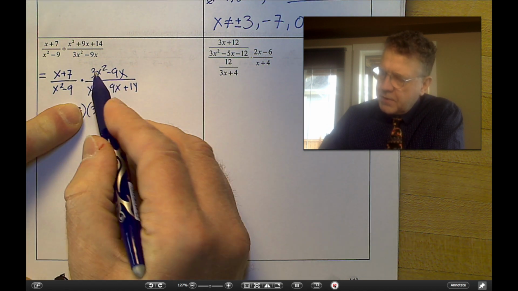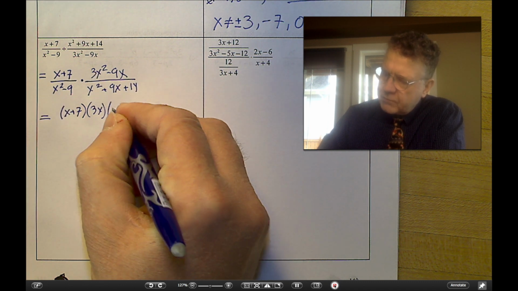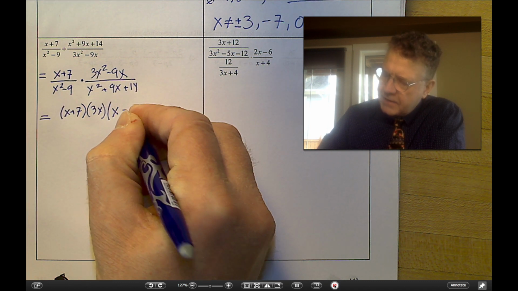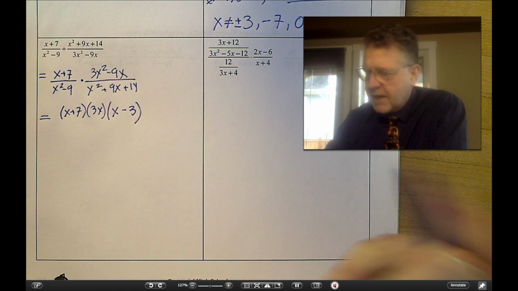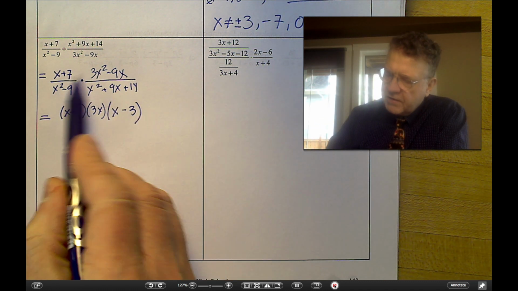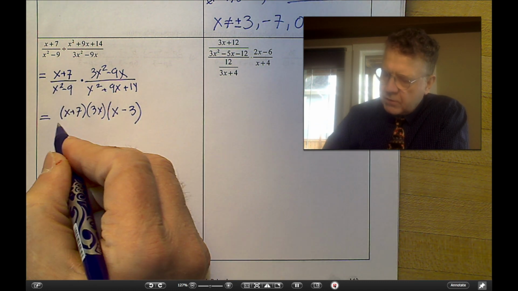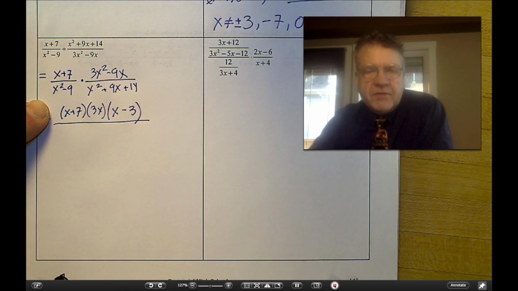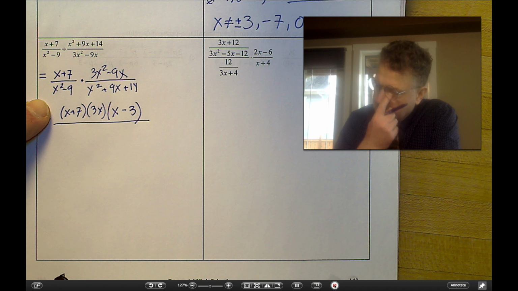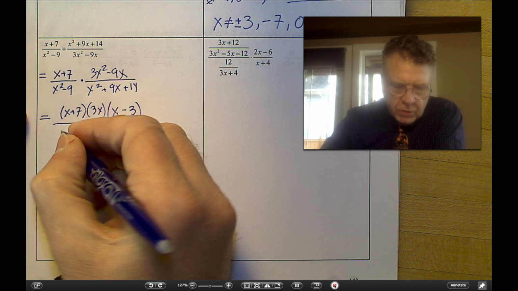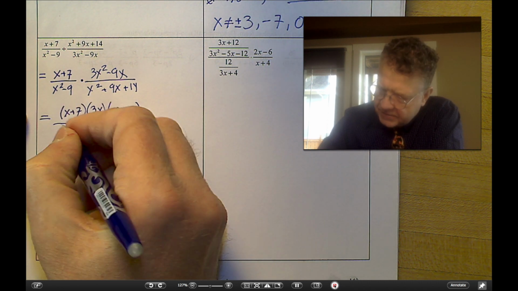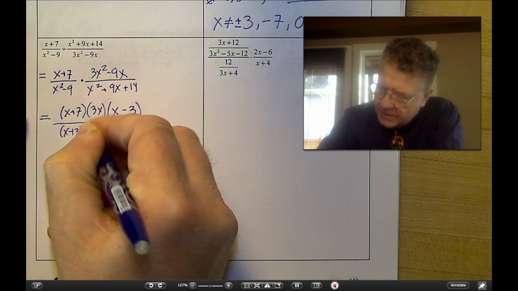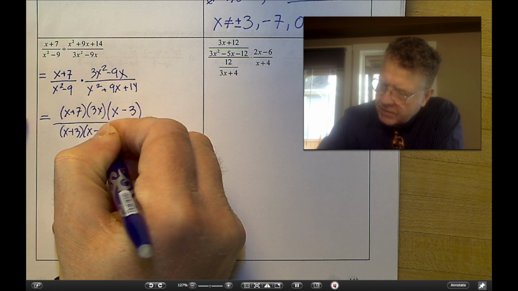And if I pull a 3x out of here, I'm going to be left with x minus 3, just like that. So I've simplified and factored out everything I could in the numerator. x squared minus 9, there's our good friend, the difference of squares. So x squared minus 9 is the same as x plus 3 times x minus 3.